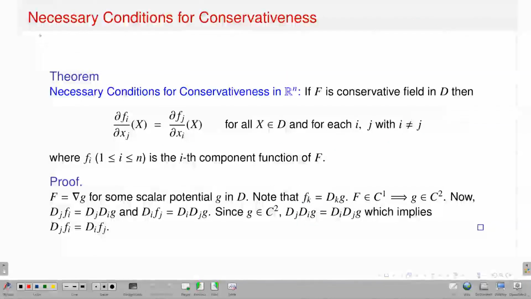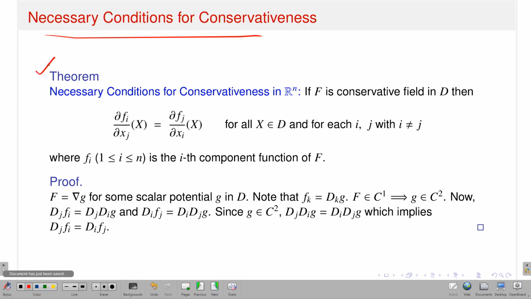Now I will talk about some necessary conditions of conservativeness. That means if I have a conservative vector field, then it will tell you something, which are called the necessary conditions. I have written it as a theorem. What are the necessary conditions for conservativeness in Rn?